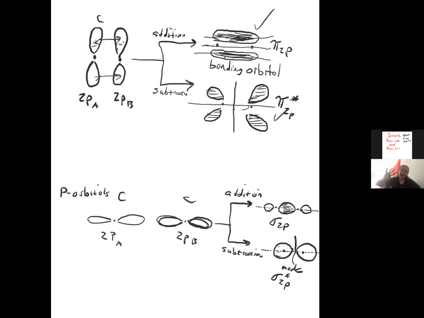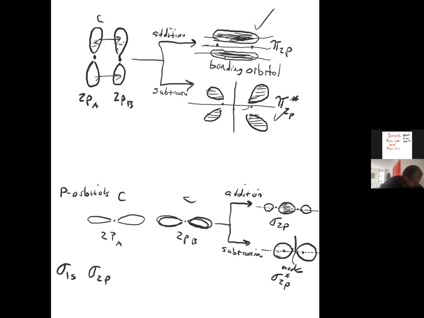So now we have 6 different types of orbitals. We have sigma 1s, I'm sorry, I did 1s earlier. We have sigma 2p.